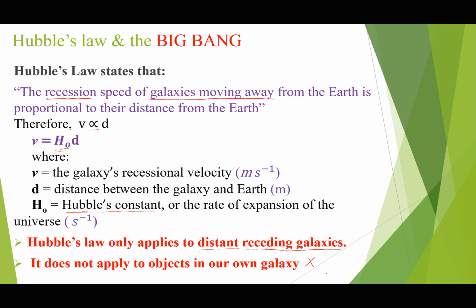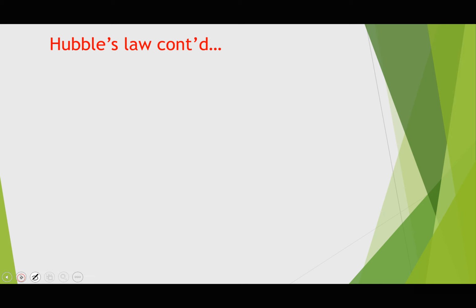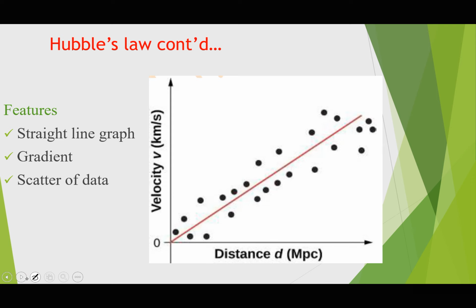That's why in the law we say the recessional speed of galaxies moving away from the Earth is proportional to their distance from the Earth. That's what we call Hubble's law. Of course, if v is directly proportional to d, that means if we sketch a graph of velocity against distance, we would expect a graph of this nature.